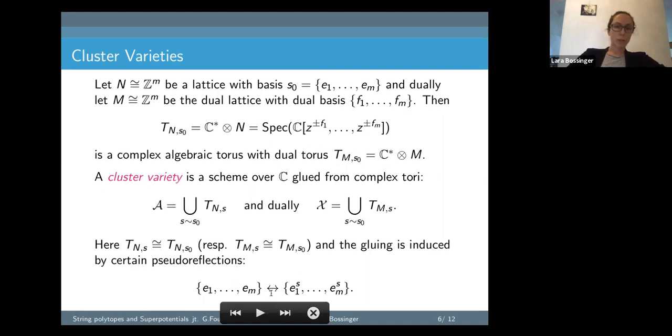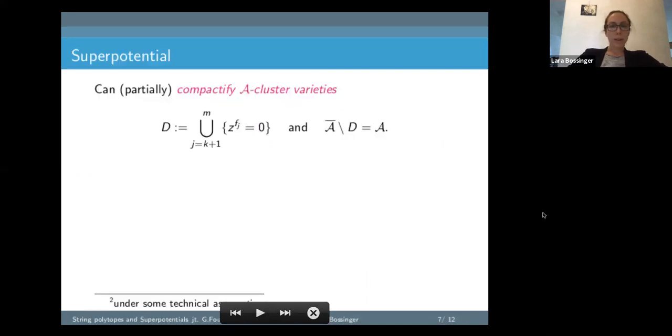So I would apply pseudo-reflections, but after applying them I would still have some of the basis elements that I had before. That has as a consequence that I never have to look at the monomials with minus that basis element as an exponent. So I can let all these functions vanish because I never use the inverse of this function. And then this defines a divisor on the cluster variety, and I can partially compactify it by adding this divisor.